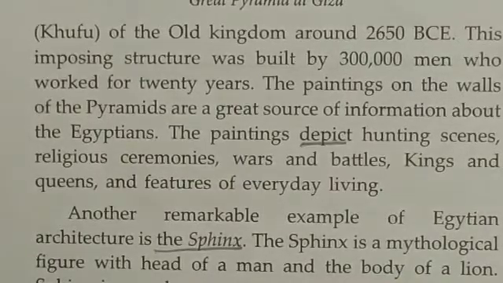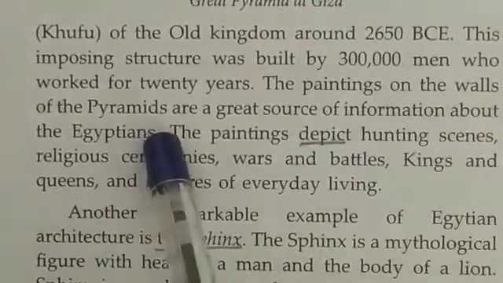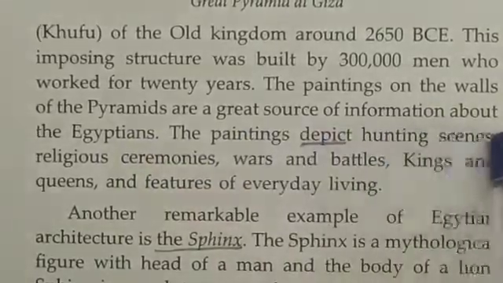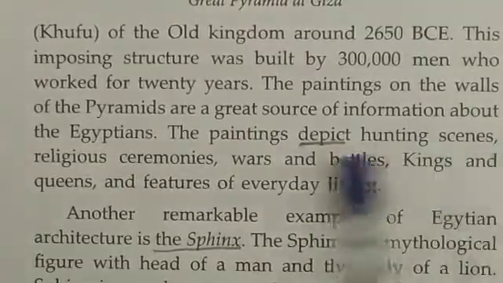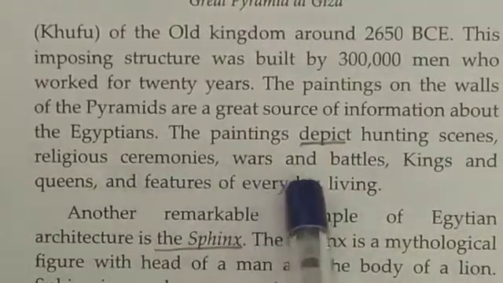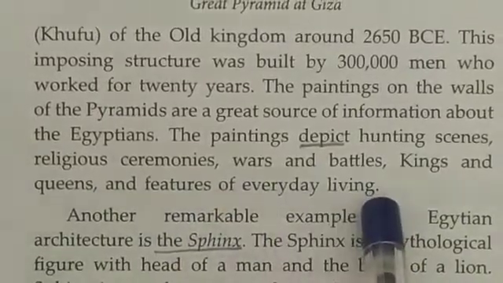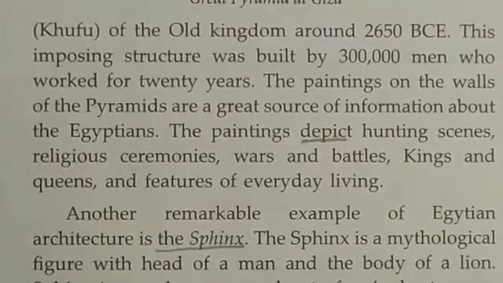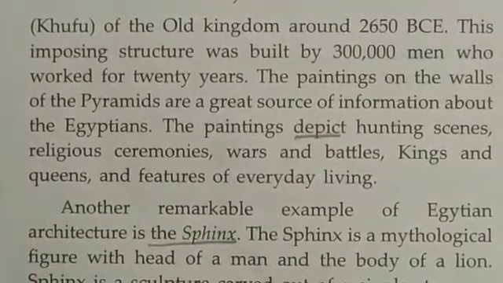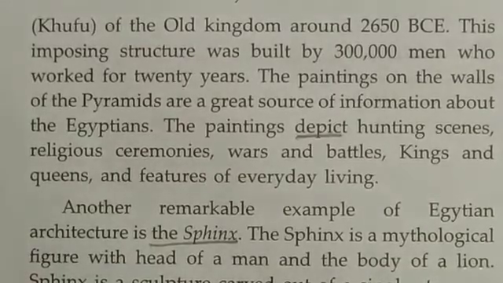The paintings on the walls of the pyramids are a great source of information about the Egyptians. The paintings depict hunting scenes, religious ceremonies, wars and battles, kings and queens, and features of everyday living. These paintings gave information on the Egyptians' daily living.